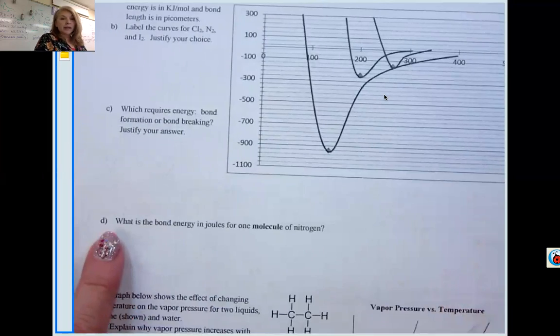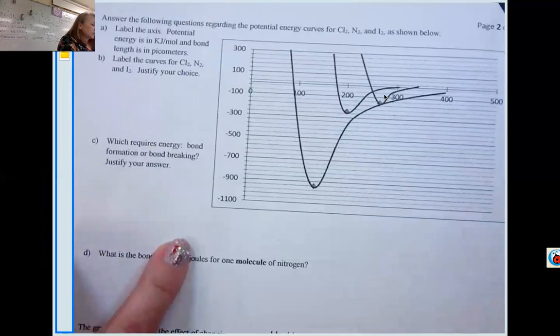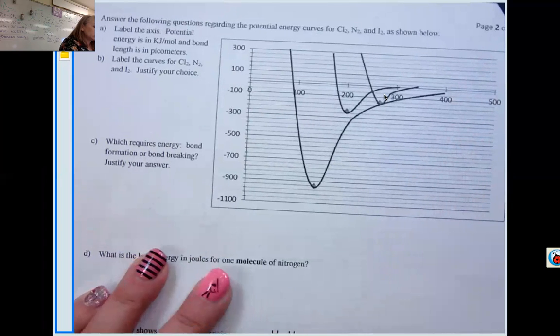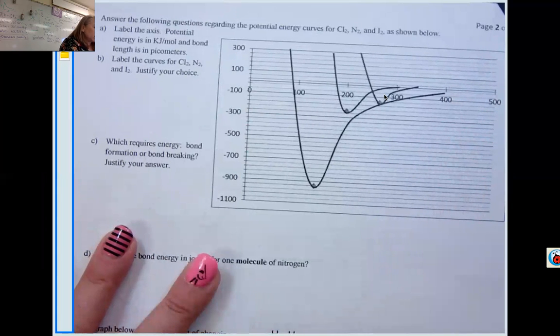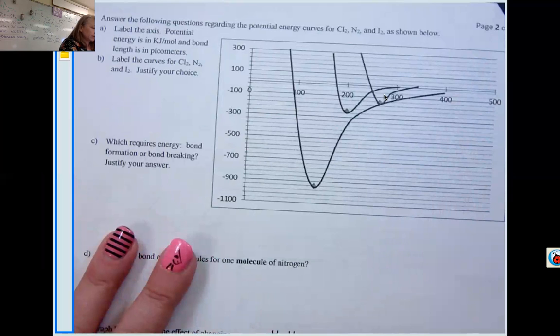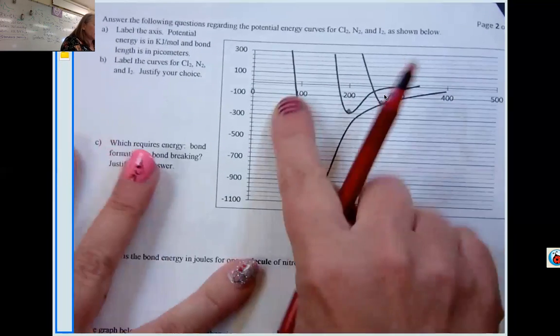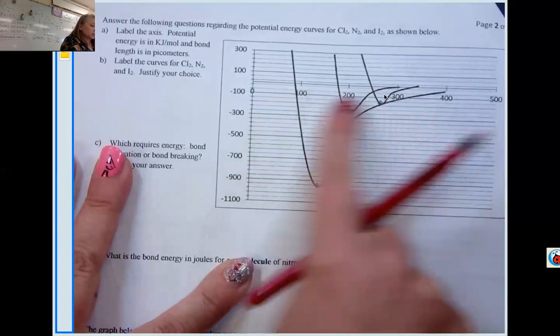So on the next one, we've got label the axis. And notice I tell you what's a label. It says label the axis. Potential energy is in kilojoules per mole, and bond length is in picometers. So if I'm looking at energy versus bond length, then my bond length is going to be right here, and it's actually shown there.